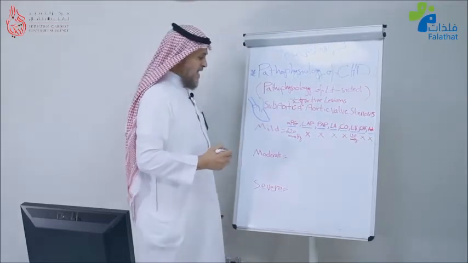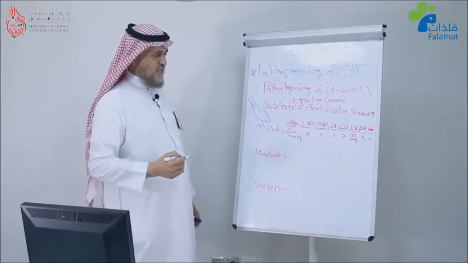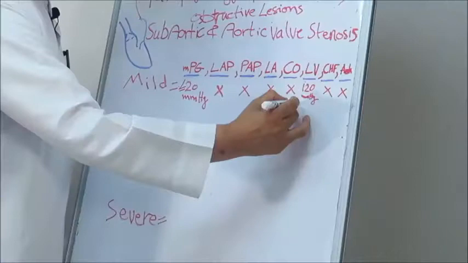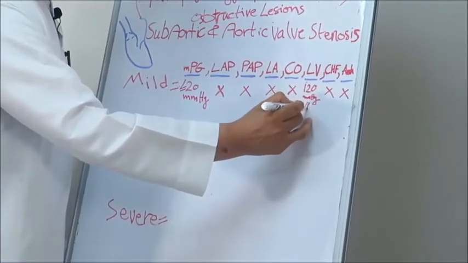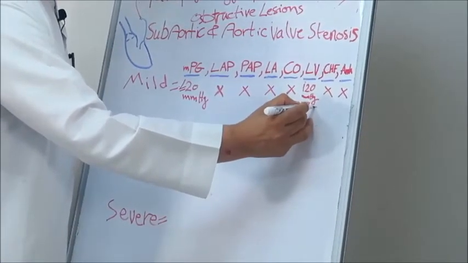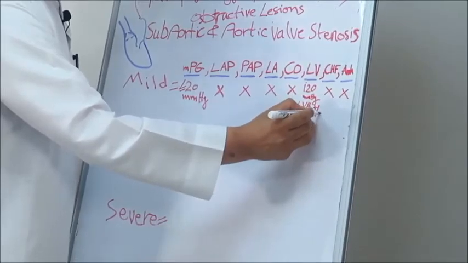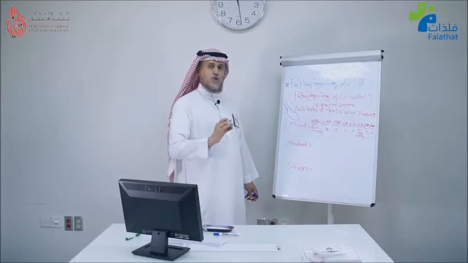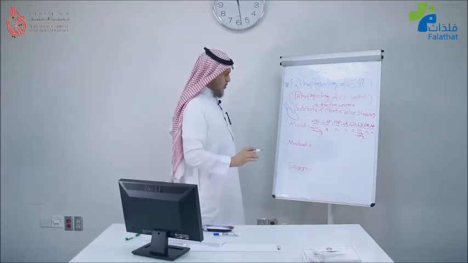Do we see any left ventricular hypertrophy? Well, plus minus. LVH is a plus minus, and most likely it's not seen. It is a possibility, but probably no LVH at all.